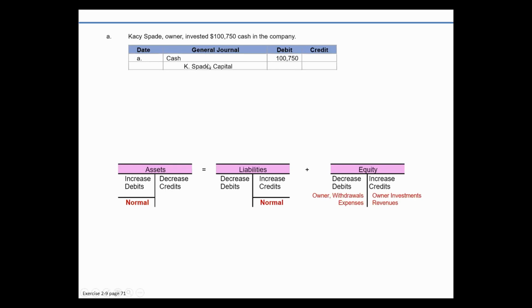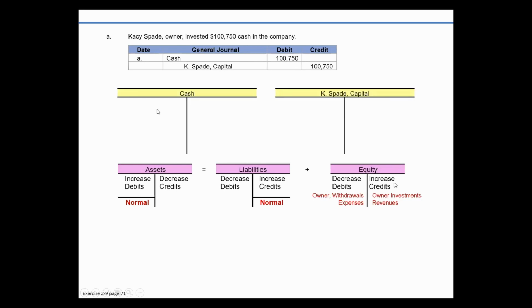Then we'd have K-Spade capital, and that's equity. In order to increase the owner's investment, we credit it. So we have a debit to cash of $100,750, and a credit to K-Spade capital, $100,750.